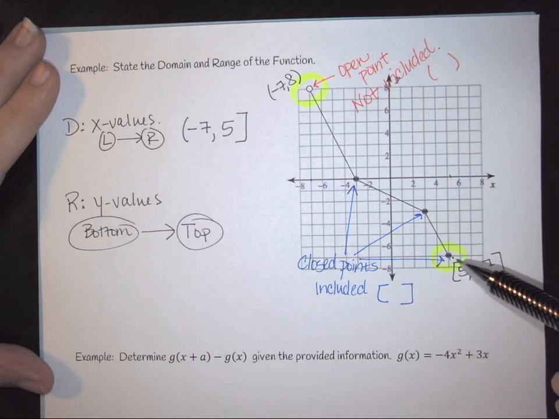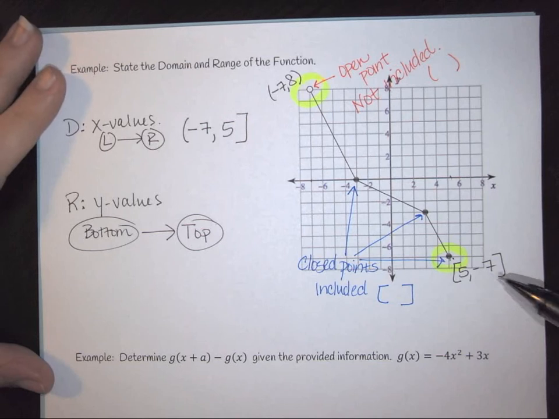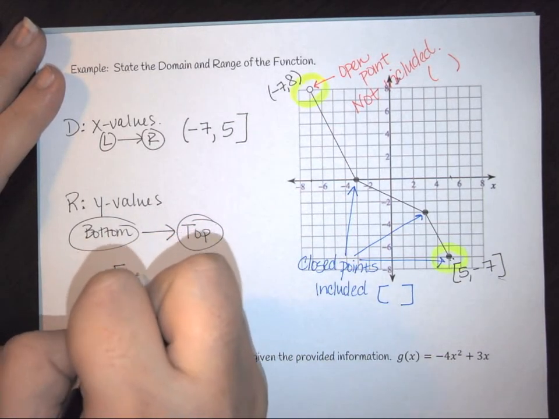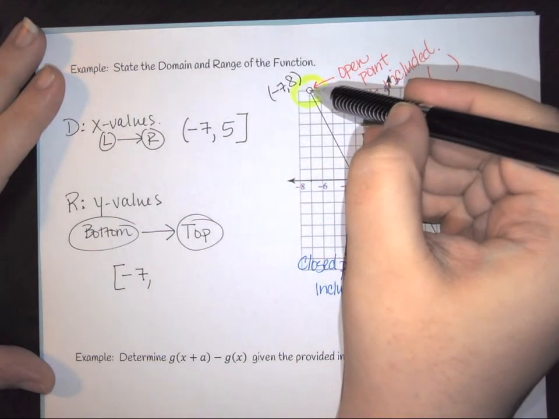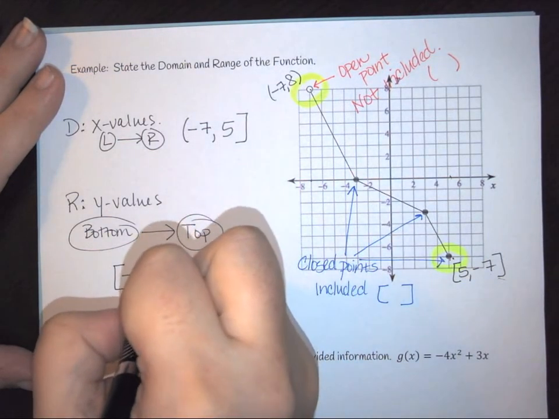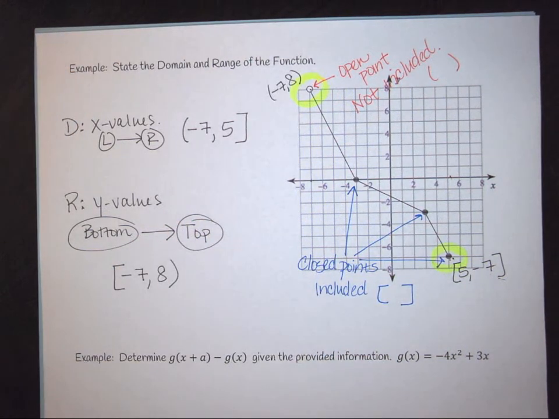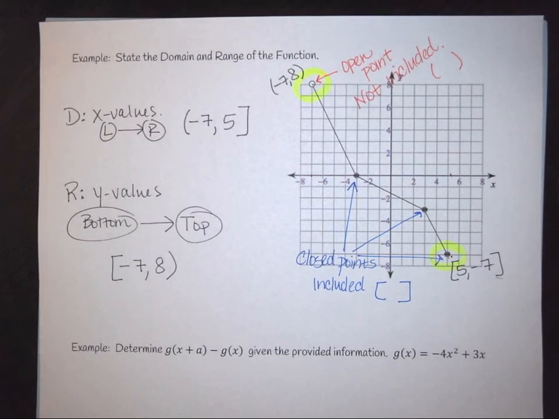So here, this would be our lowest point, and we're looking at the y values. So again, here, we're going to start with a bracket at -7, and we are going to travel all the way up to 8 with the parenthesis. And that's all you have to remember when you're talking about domain and range as it relates to a graph.